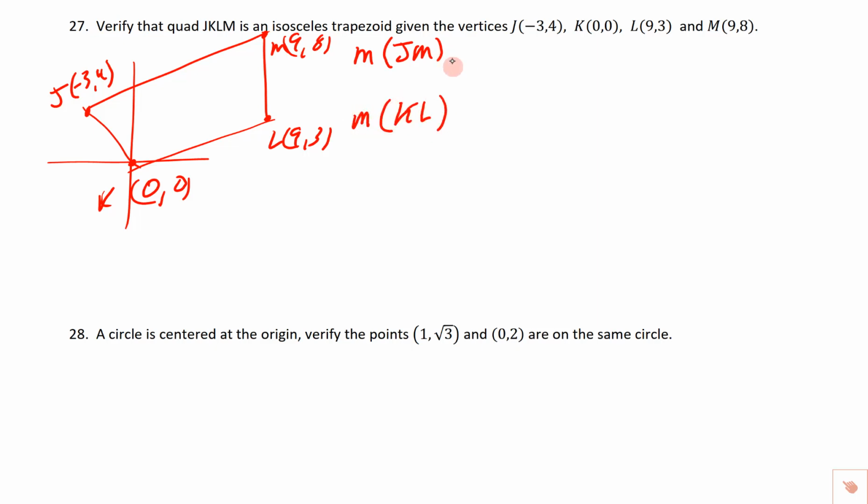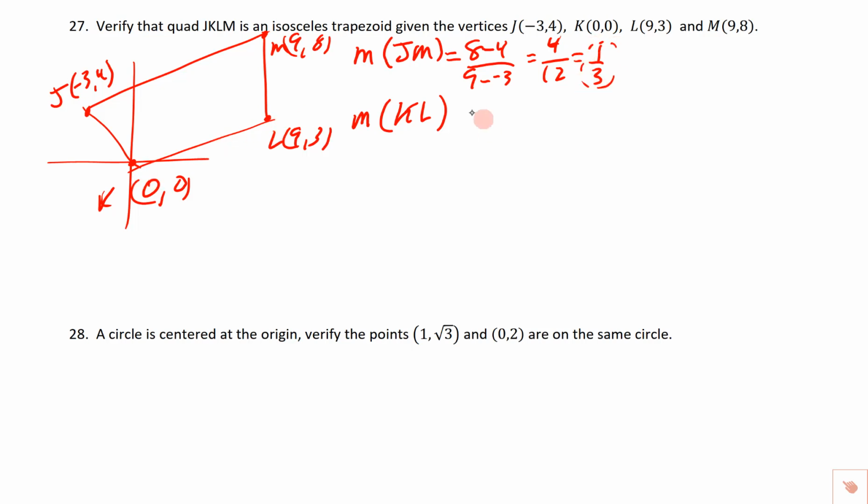The slope here for JM, I'm going to do y2 minus y1, so that's going to be 8 minus 4, and x2 minus x1, so that's going to be 9 minus negative 3, that's going to be plus 3, so that's going to be a 12, so I end up with 1/3 right here. So I have a slope of 1/3 for that one.